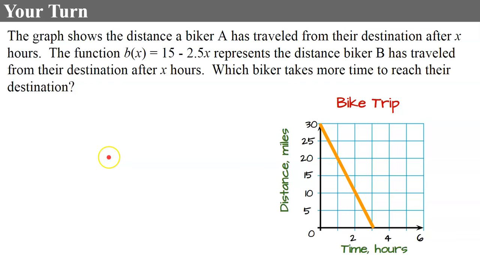Here's one for you. This is an application now that we understand what function notation is used for. The graph shows the distance that biker A has traveled from their destination after x hours.